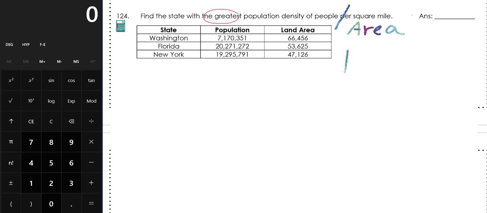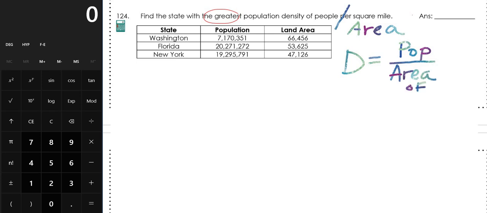So they gave you enough hints in this question to figure out population density, even if you didn't know the formula. To get the density of population, it could be population of, I don't know, plants or deer or tents or ants. It could be anything, population of anything. But in this case, we're talking people. So to get density, you're going to do the number of people, or the population, over square miles, which is the area of the land that that population occupies.